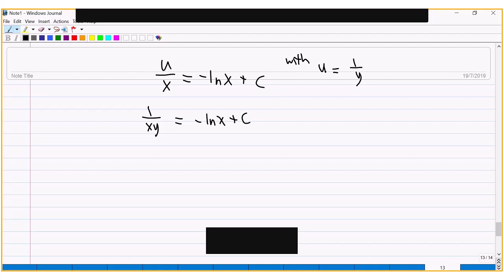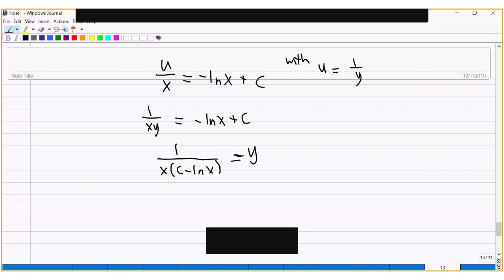So what is y now? So y is equal to 1 over x times (c minus ln x), you get y.